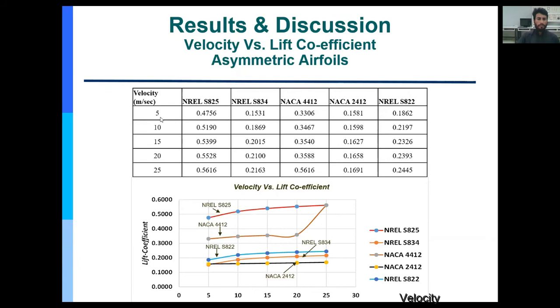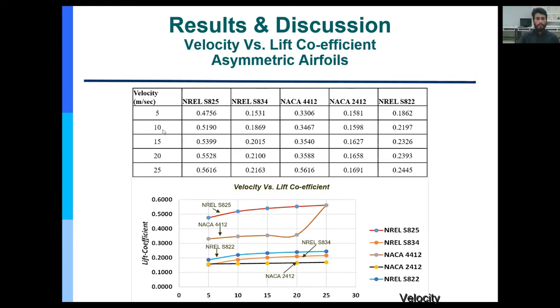If we observe at wind velocity of 5 meters per second, NREL S825 has a lift coefficient of 0.4756, and NREL S834 has a lift coefficient of 0.1531, and NACA 4412 has a lift coefficient value of 0.3306, and NACA 2412 has a lift coefficient of 0.1581, and NREL S822 has a lift coefficient of 0.1862.